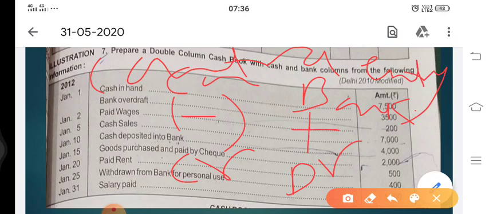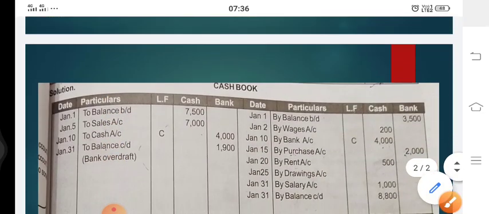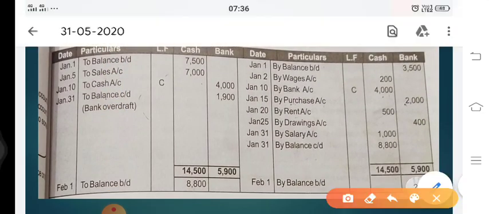We'll discuss cash deposited into bank. Bank account debit to cash account. So what we have to do here is go to the debit side. Since bank is being debited, we'll write in the bank column, but what will we write? To cash account, because bank is debited through cash.